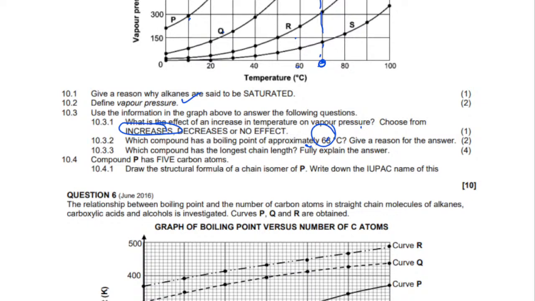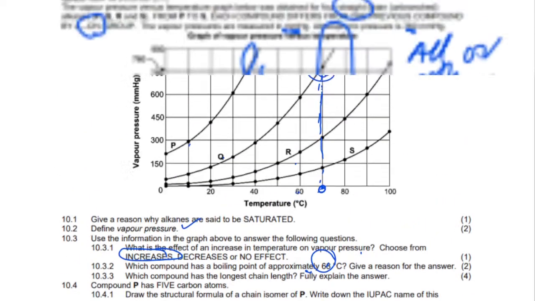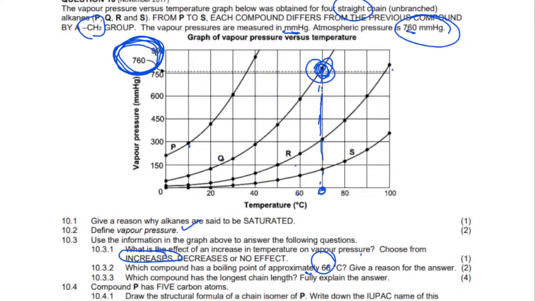The longest chain length means it has the highest boiling point. Why? Because the higher the number of carbon atoms, the intermolecular forces of attraction increase, and then the boiling point is going to increase. Actually, it's S. Why? Even if you don't know the boiling point from this experiment.